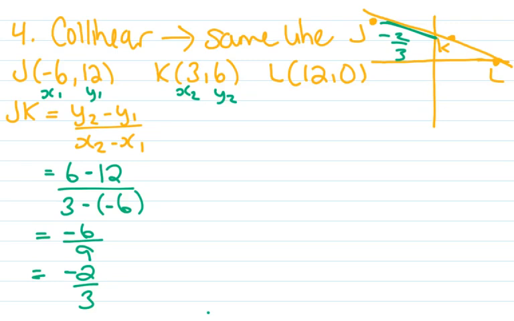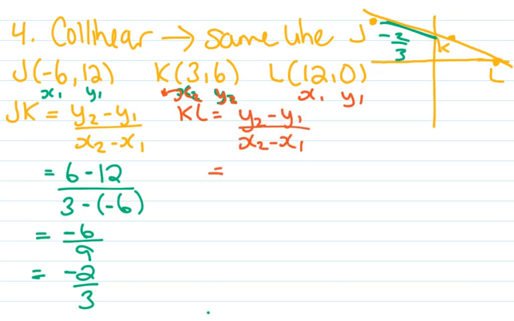Now, I need to find the slope of KL. So if I call this one x2 and y2, I'm going to call this one x1 and y1. Do this one in red so that you can see. All right, so I need y2 minus y1 over x2 minus x1 equals 6 minus 0.